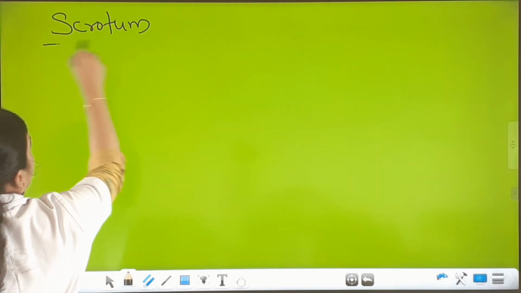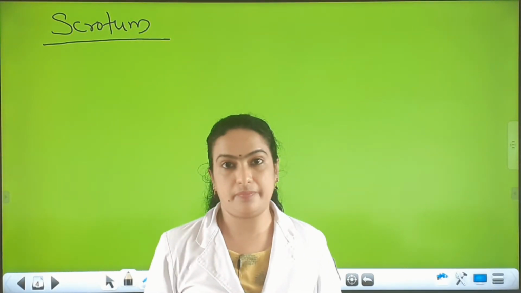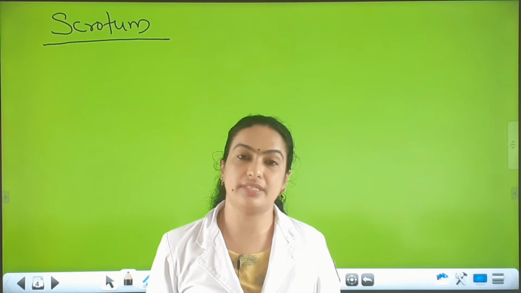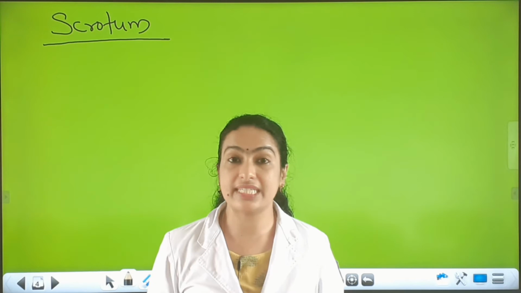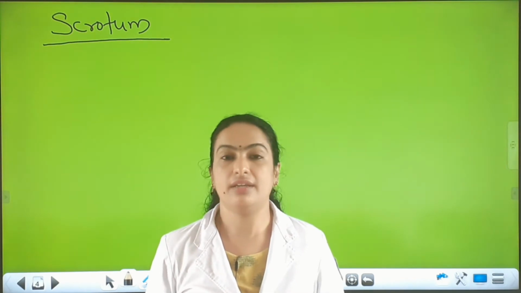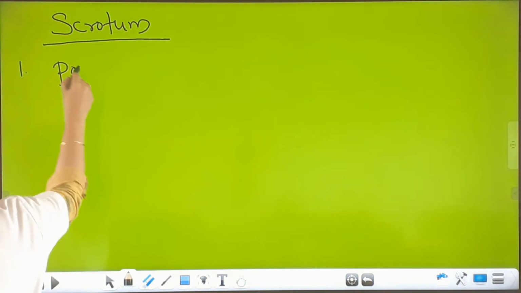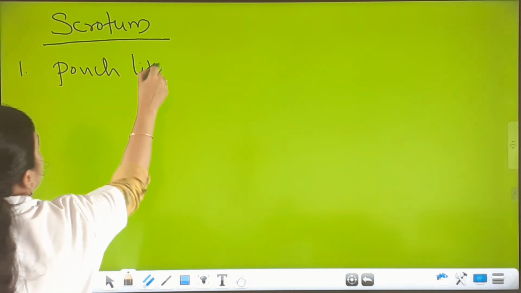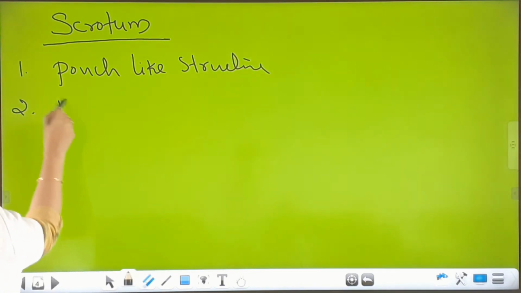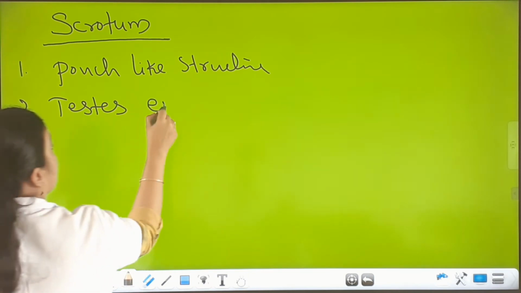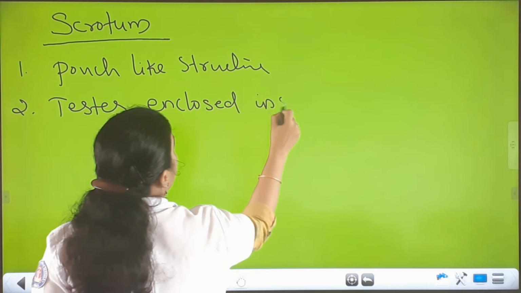Okay. And next point, next organ, which is the next organ? Scrotum. See, scrotum, it is a pouch of skin. It's a pouch-like structure, we can say. And the testes, the spheroid structures, lie inside this scrotum. So the first point, pouch-like structure, and testis enclosed inside the scrotum.